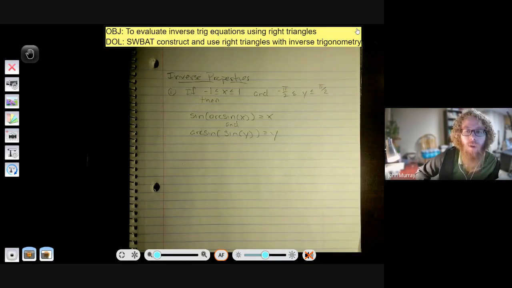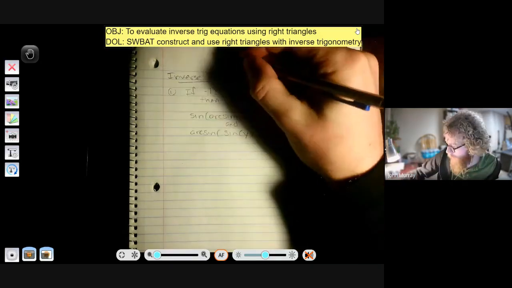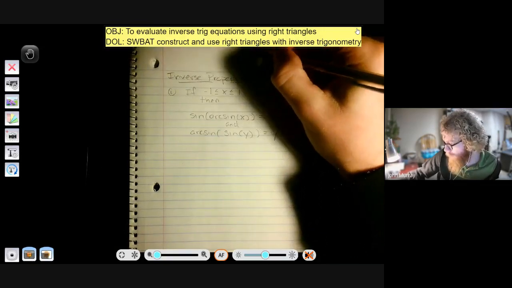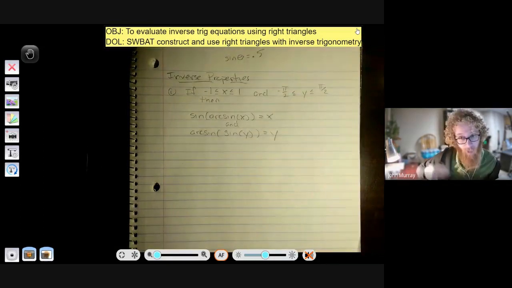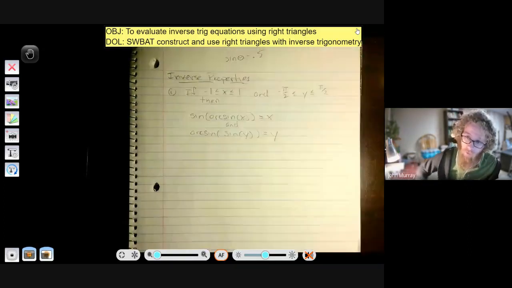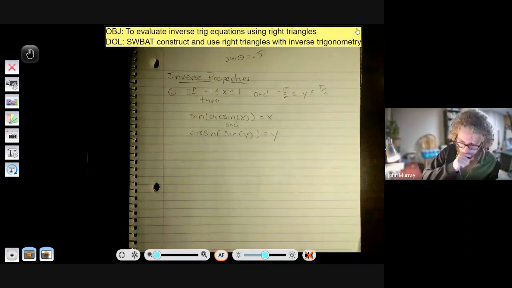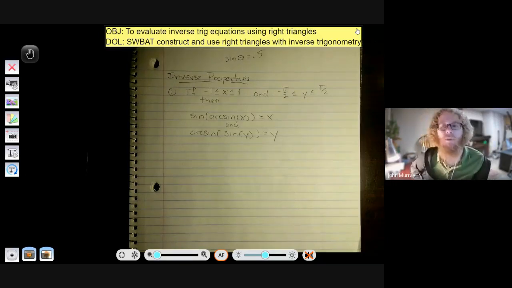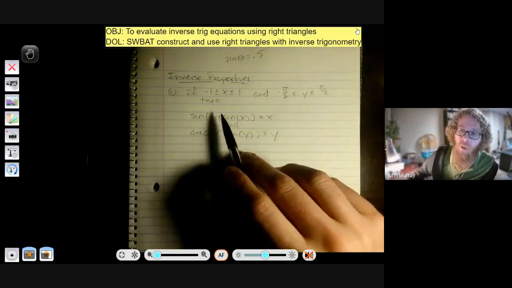We can use our inverse trig as a property to eliminate other trig functions. If I'm looking for an angle, I can use inverse trig to find the angle. Say I had the sine of theta equals, I don't know, 0.5. Now we actually have a tool other than looking at the unit circle to calculate what that angle is. And it goes both ways.